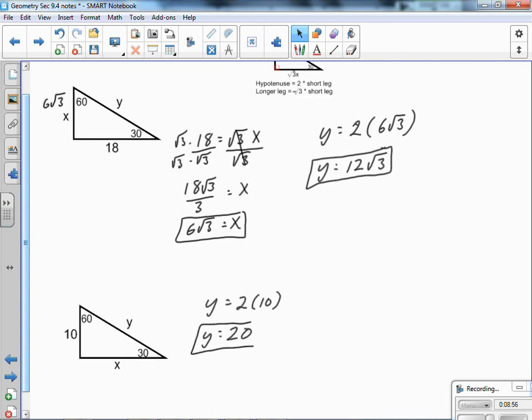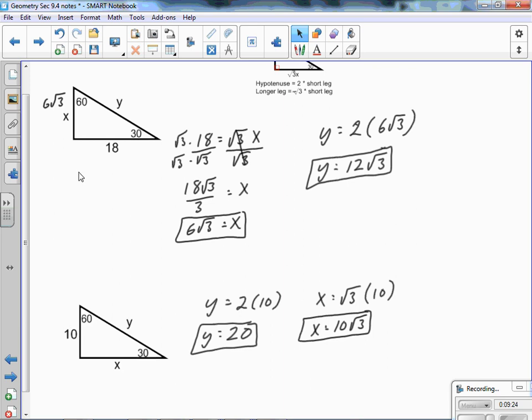So the y value is going to be 20, and the x value is the square root of 3 times the short leg, which is 10. So that gives us 10 square roots of 3. So much easier if they give us the short leg first.